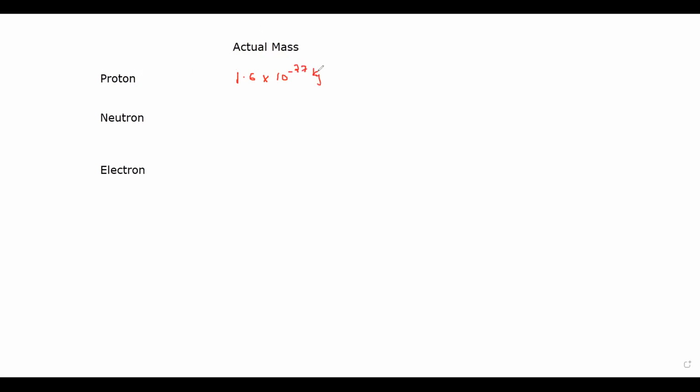The mass of a neutron is 1.6 × 10^-27 kilogram. And the mass of an electron is 9.11 × 10^-31 kilogram. These are their actual masses. But when we take a relative mass, what is the meaning of relative mass?